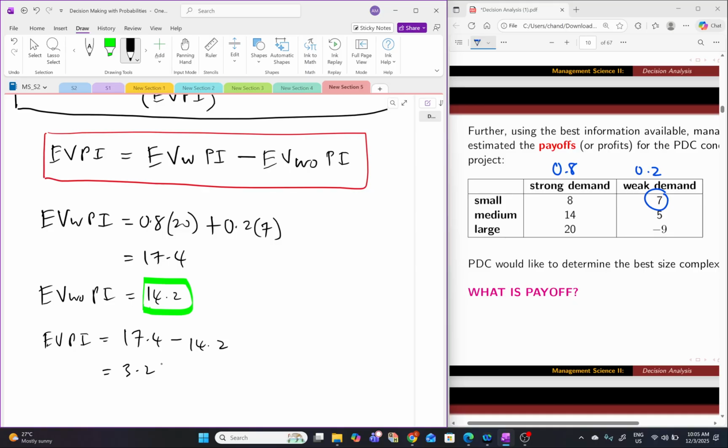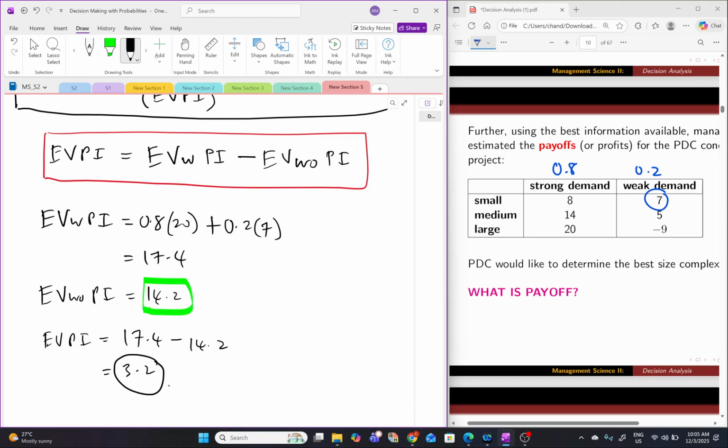Dia akan bagi perfect, tak akan berubah, perfect. Dia akan cari semua, dia akan buat semua, satu Malaysia dia akan buat, dia akan bagi satu information kepada you, perfect information. Berapa banyak duit yang you boleh bayar dia? Ni 3.2 juta. Inilah maksimum yang you boleh bayar.